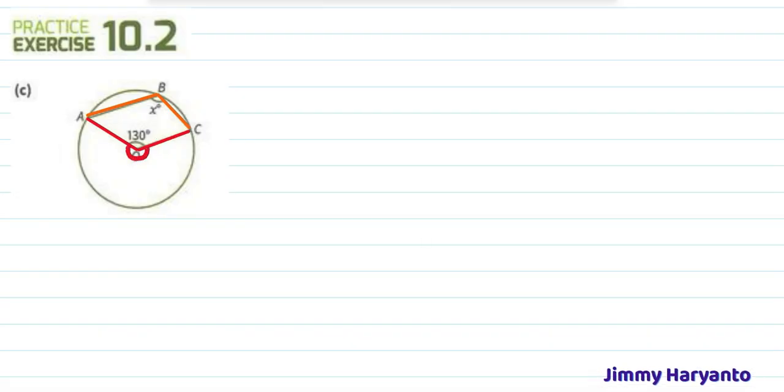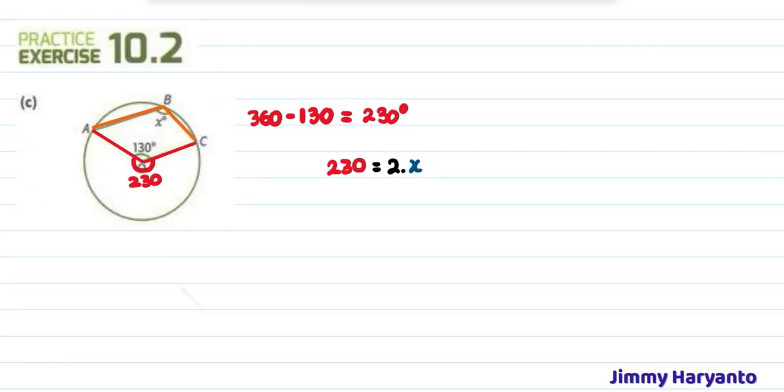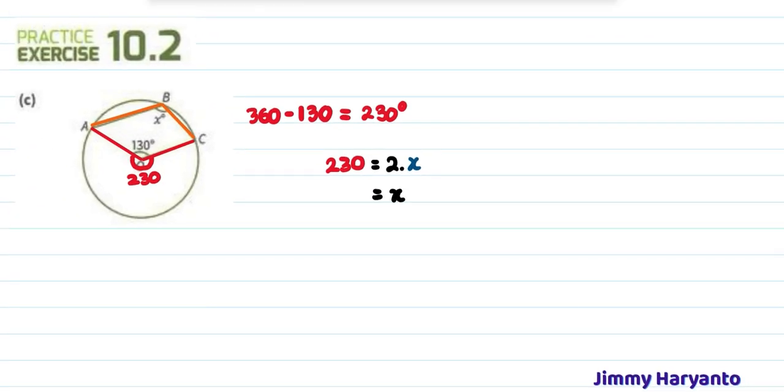So let's try to find the center angle first. 360 minus 130 equals 230 degrees. That means this one is 230 degrees, and the center angle equals 2 times the circumference angle. That means x equals 230 divided by 2, it's 115.